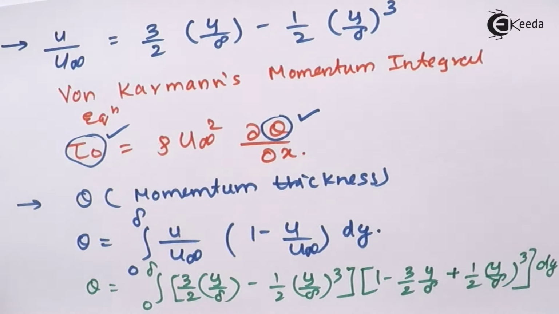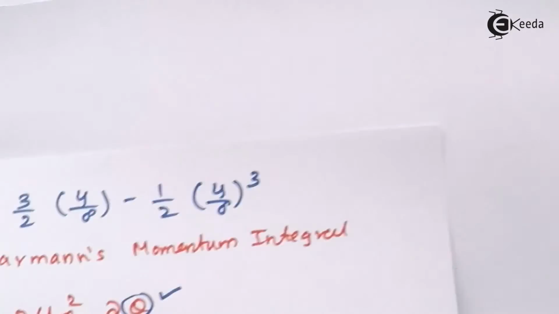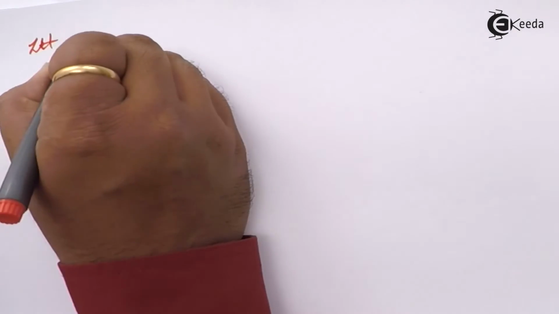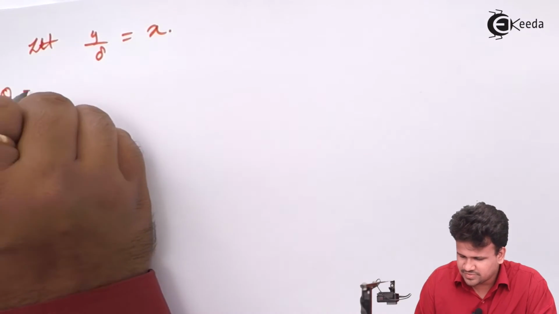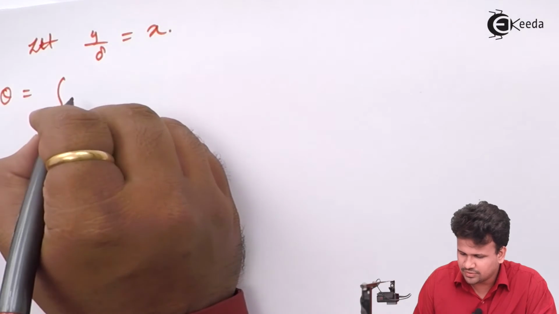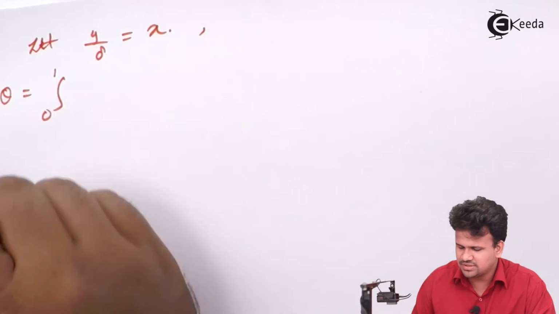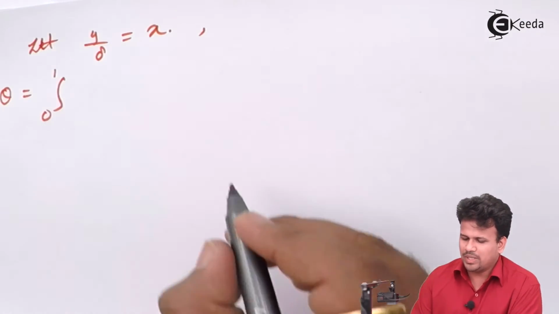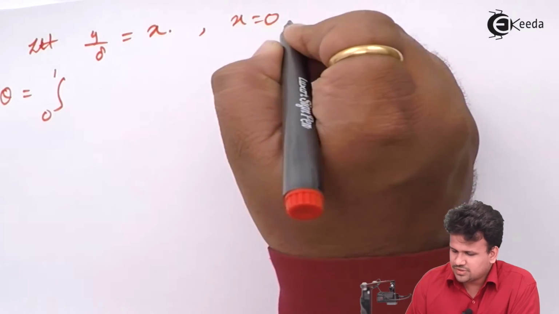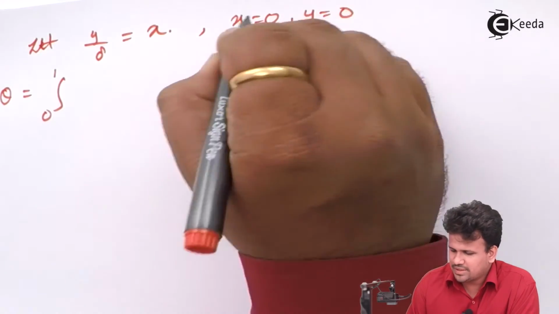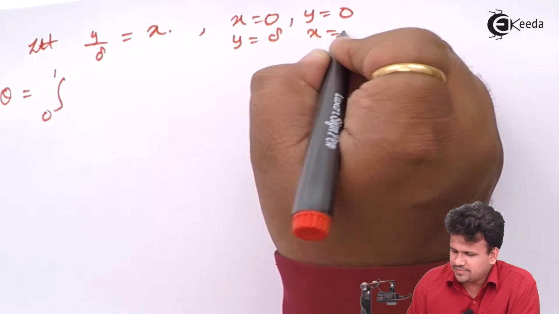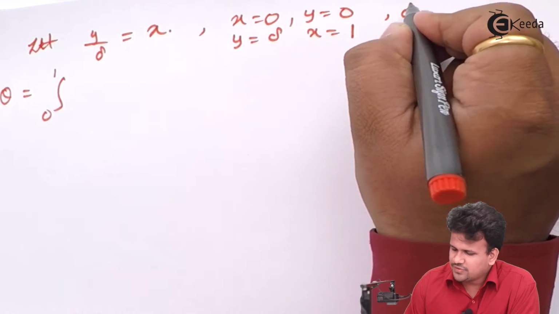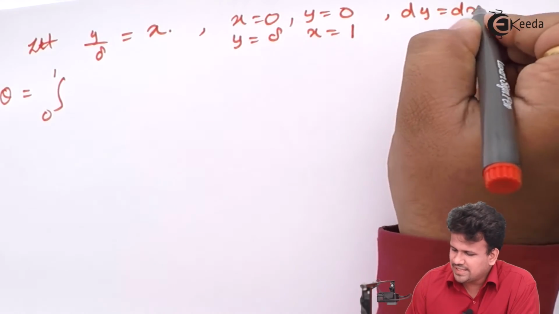Now to evaluate this equation, we'll let y by delta equal x. Hence the equation becomes theta is equal to integral 0 to 1. We have seen this before also. Why is this 0 to 1? Because when x is equal to 0, y will be equal to 0, and when y is equal to delta, x will be equal to 1, and the value of dy is equal to dx into delta.